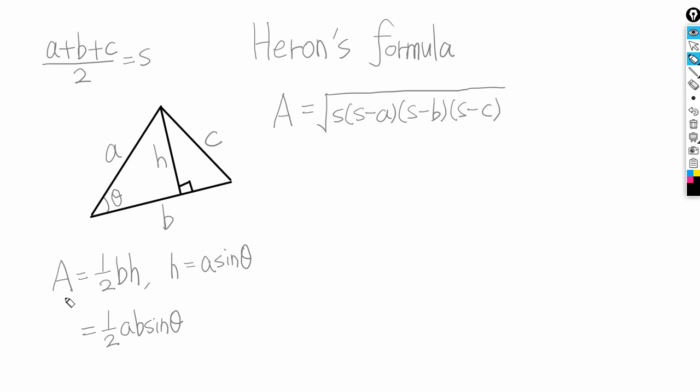And let's make the squared form of this equation. That means the area squared is 1/4 of a squared b squared and sine squared theta.